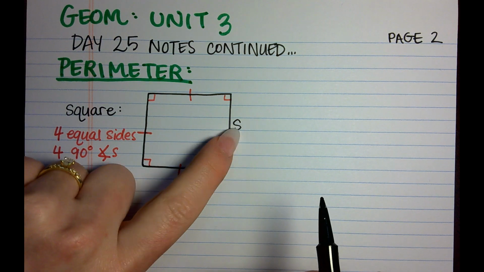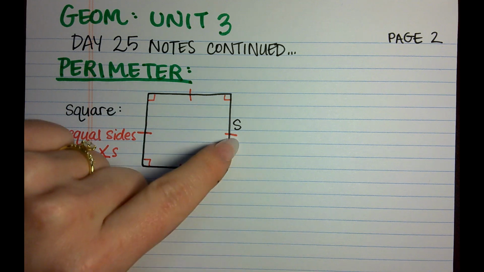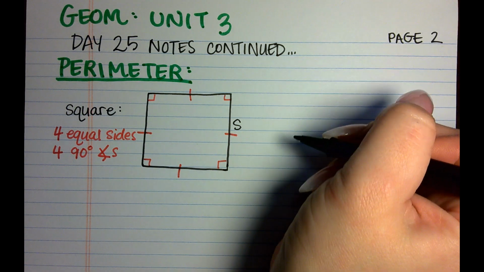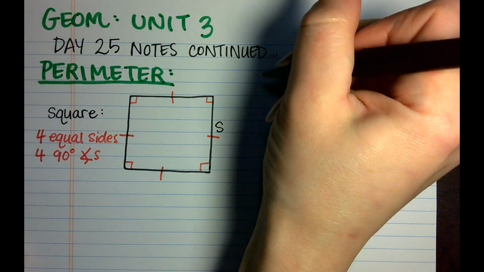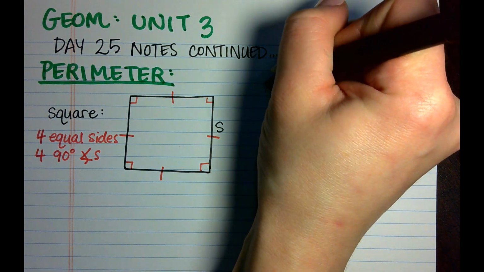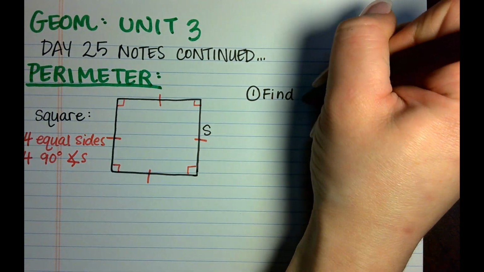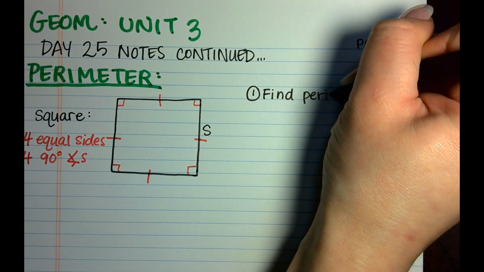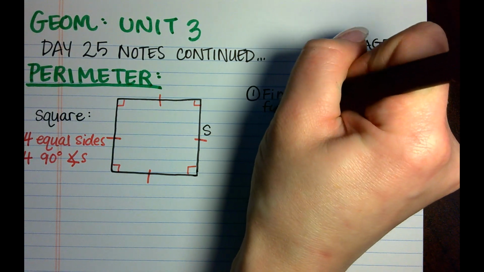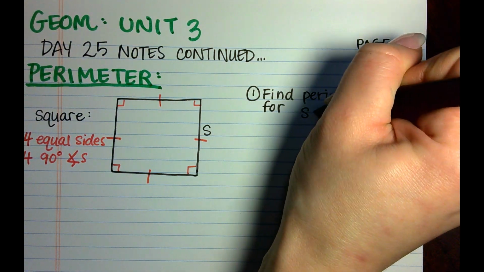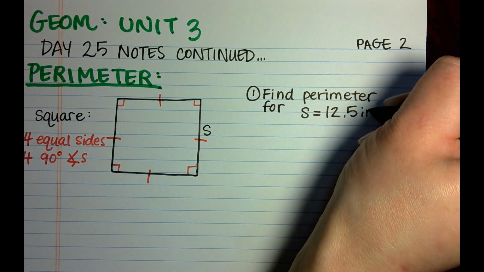Now, if I wanted to find the perimeter of this square, and I tell you that, let's see, I'm gonna write one. Find perimeter for S equals 12.5 inches.